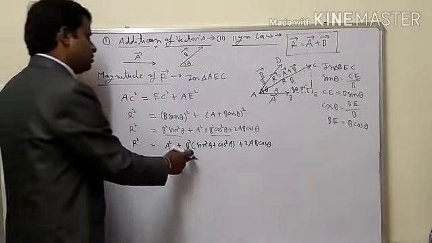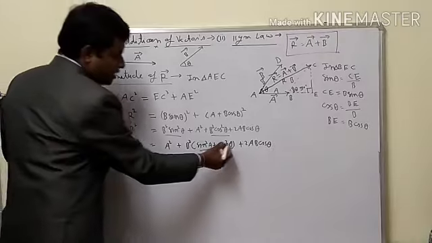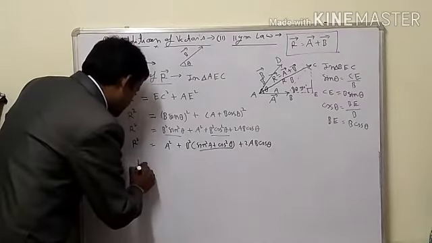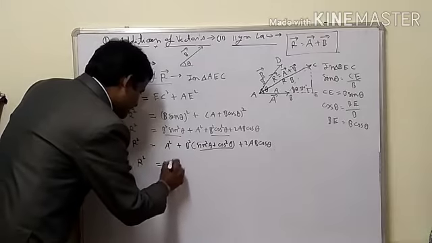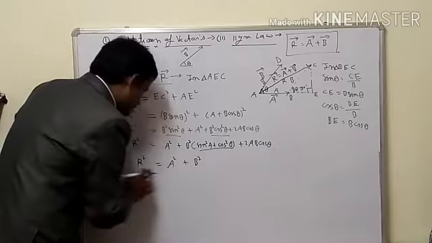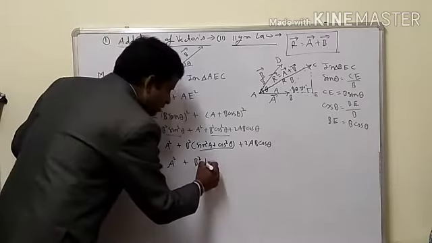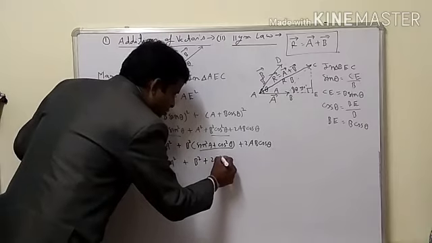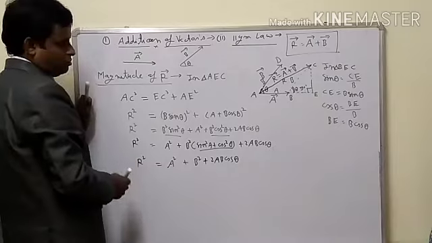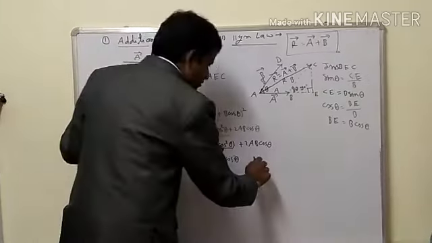Now by solving, you know that the trigonometric identity is 1. Why? Because sin square theta plus cos square theta is 1. So we are using 1 over here. R square equals A square plus B square into 1, which becomes B square, plus 2AB cos theta.